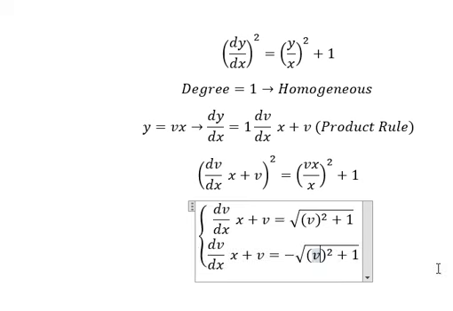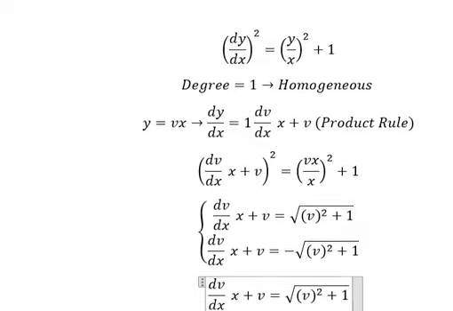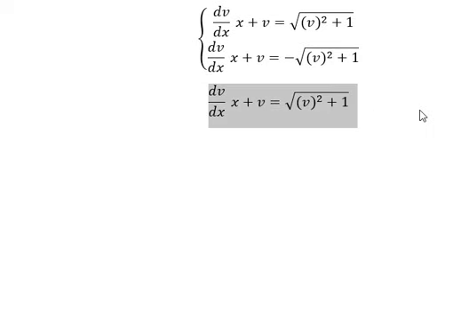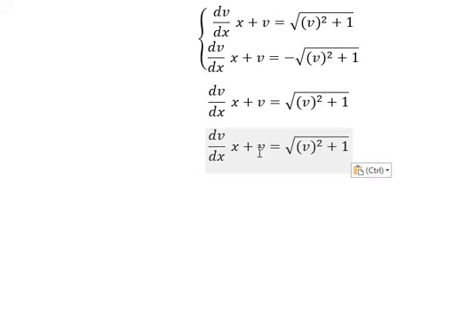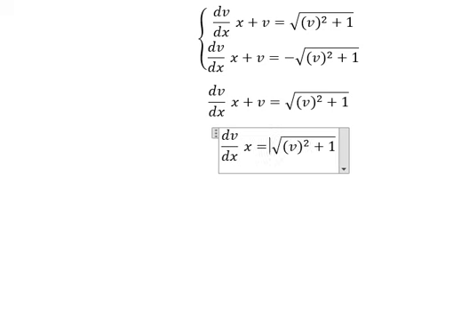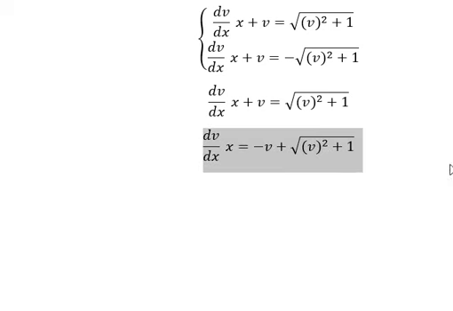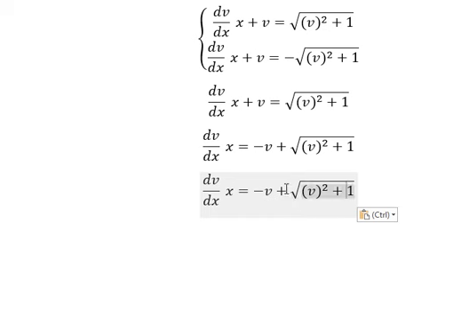Similar for this one. Now we need to go to the first one. So I will put v go to the right, and we have negative v. This one I will put on the left, ds, and s I will put on the right.